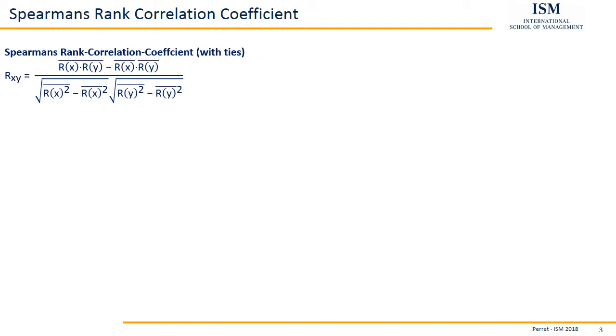So this is just simple repetition of correlation coefficient calculation. So in the upper part, that's the covariance, and below the fraction line, we have the standard deviation for the ranked x variable and the standard deviation for the ranked y variable. So far so good. So this is the version with ties.